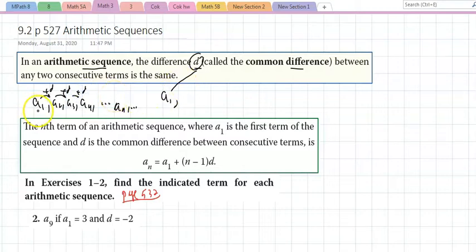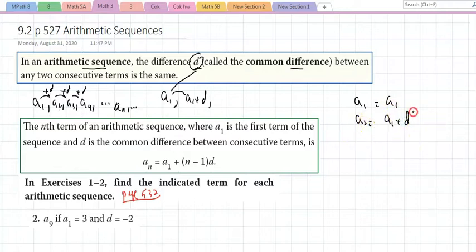To get from a sub 1 to a sub 2, you take the first term and add the common difference. So a sub 1 is given, let's say. If you want to find a sub 2, you take a sub 1 and add d to it.